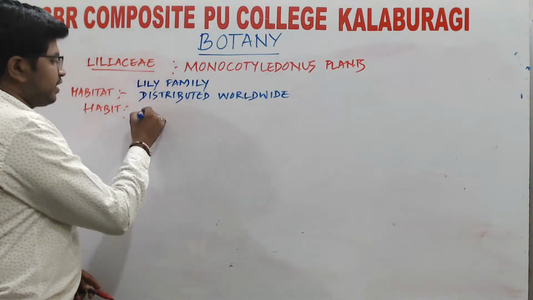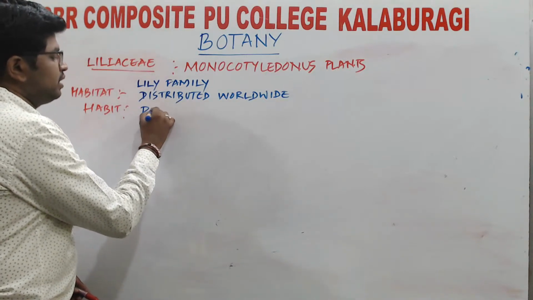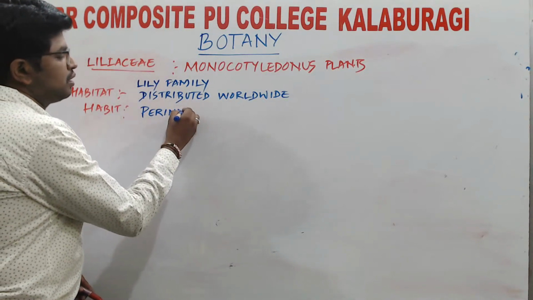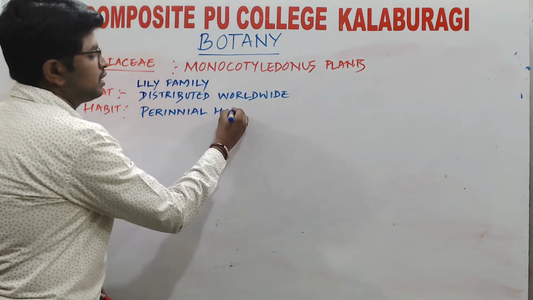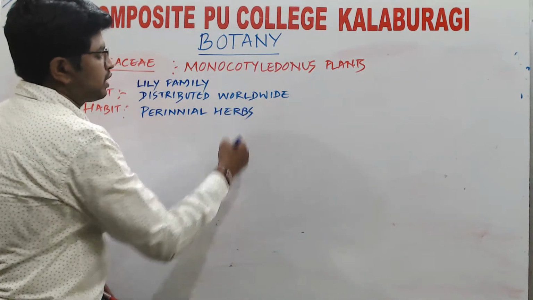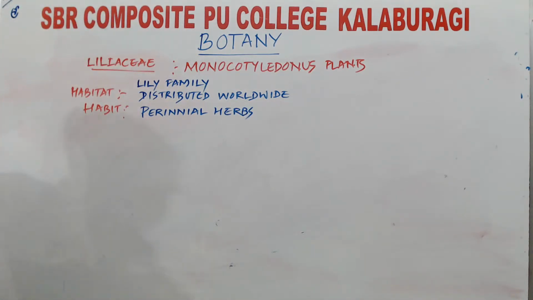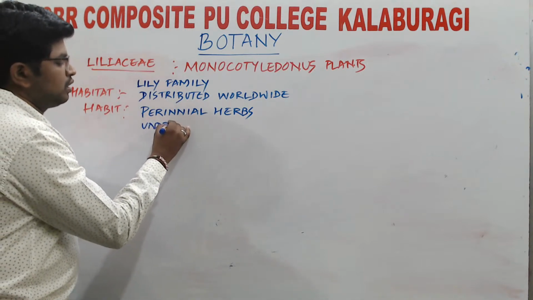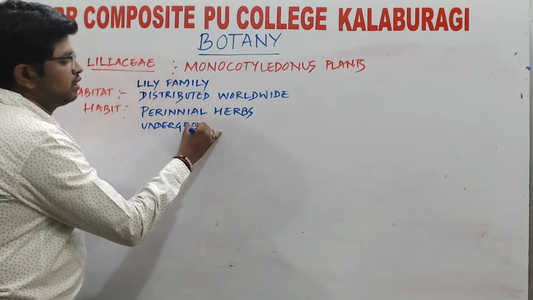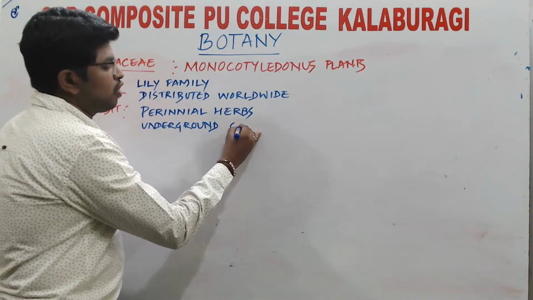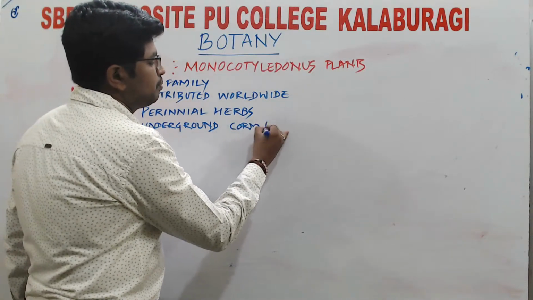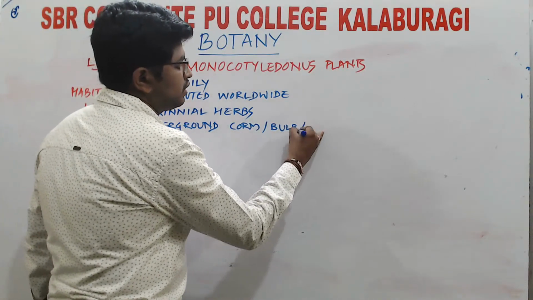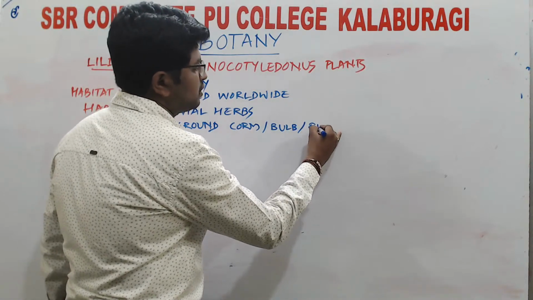Lifetime of more than 2 years, we say perennial herbs. Okay, they are perennial herbs, and you will see most of them show underground forms, bulb, then you will see the rhizome.